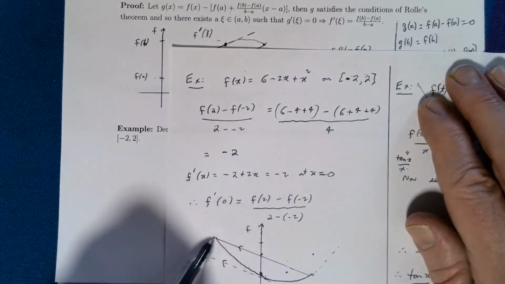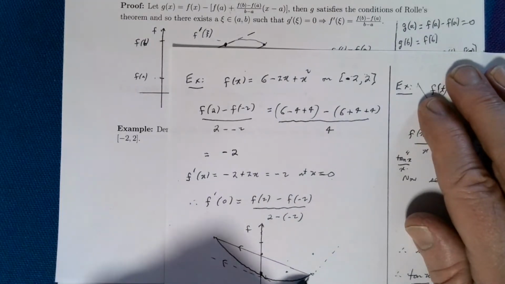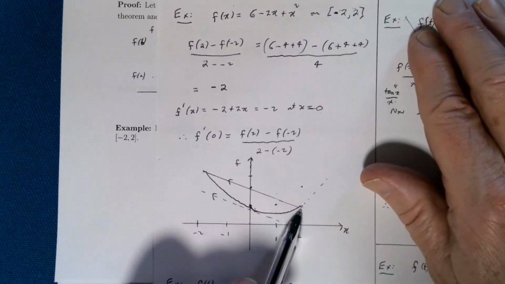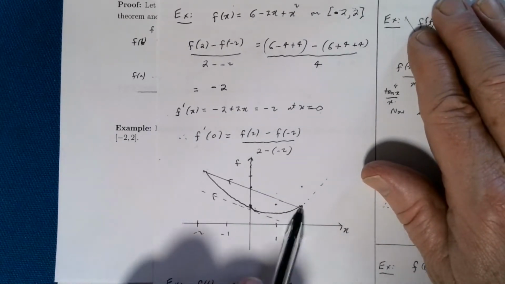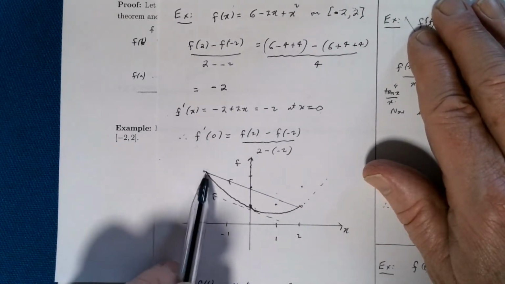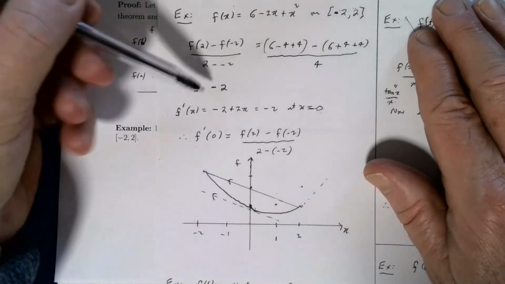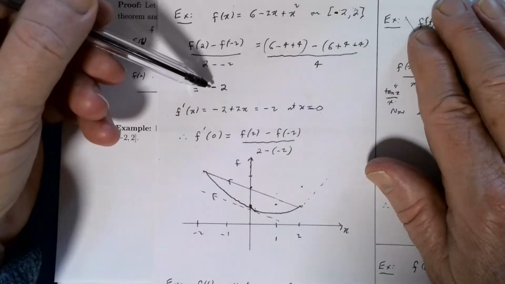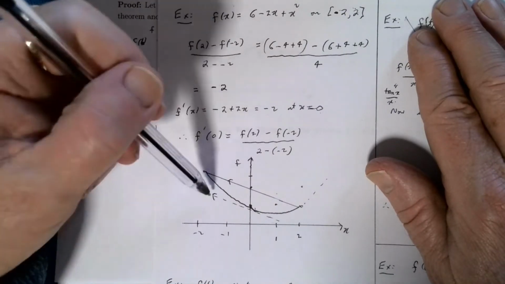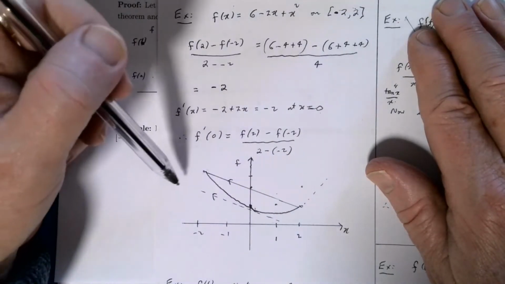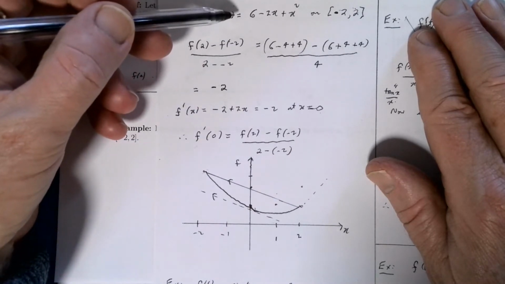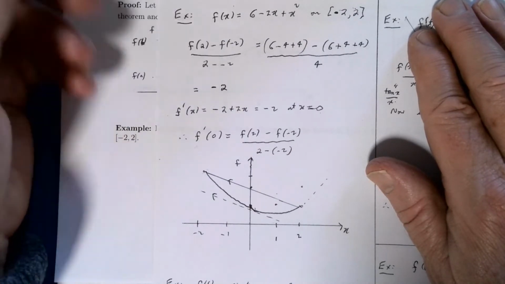So here's the picture. There's the function. I've drawn it down here. There's the function defined on the interval minus 2 to 2. And there's the chord. And we've just shown that the gradient of this chord is minus 2. Now, the theorem says that somewhere in here, the gradient of this function also equals minus 2.